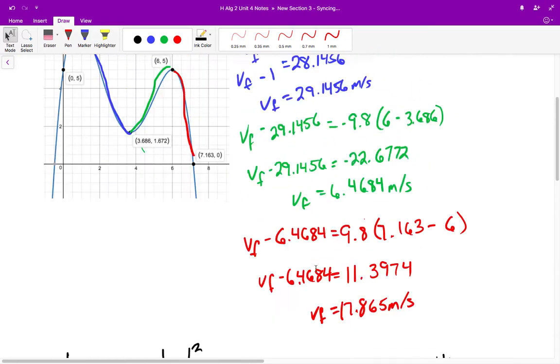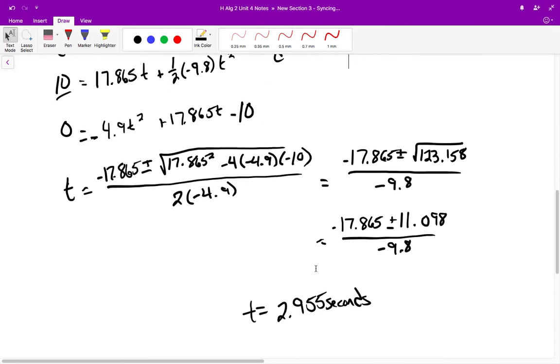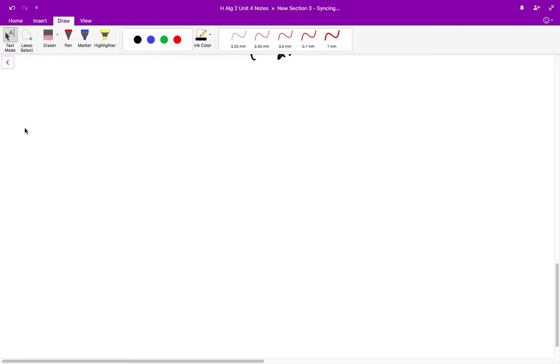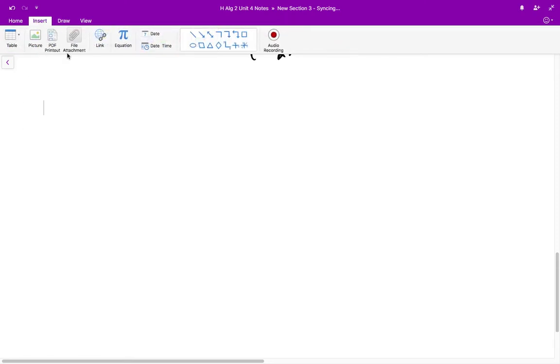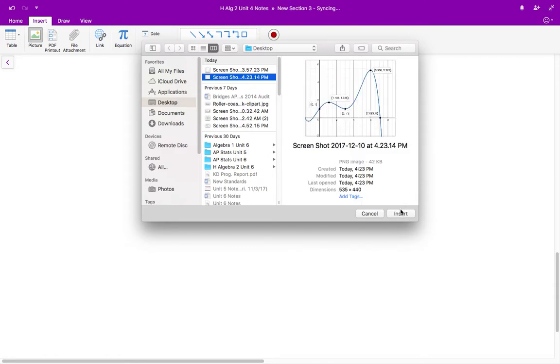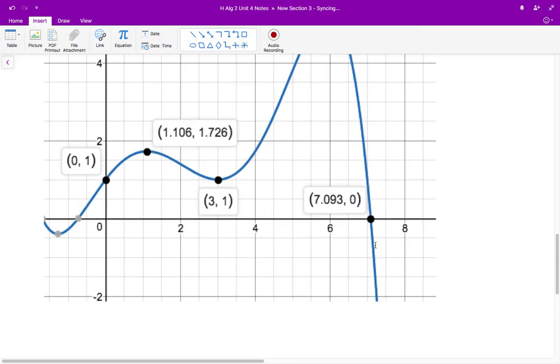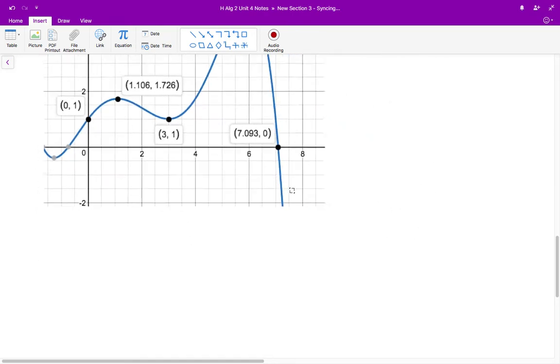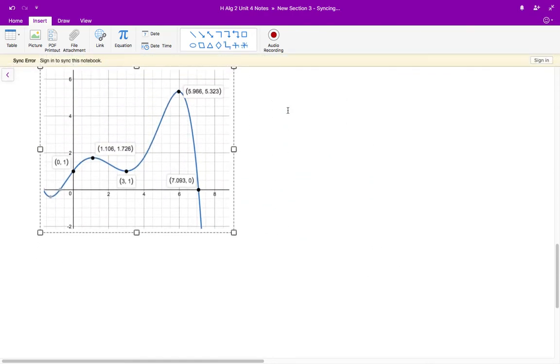So here's the work from last time. Down towards the bottom, we'll insert that image here, and that way we can work out these calculations as well. Make that a little smaller. Cool.